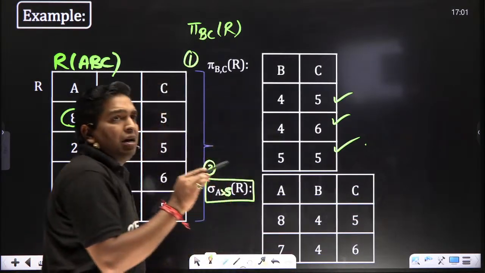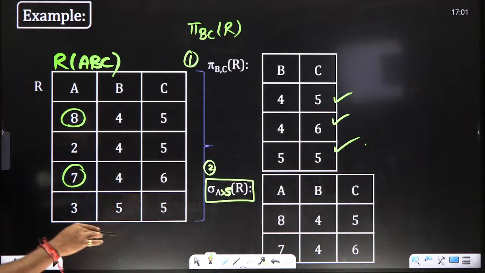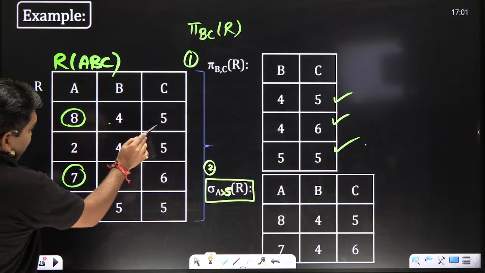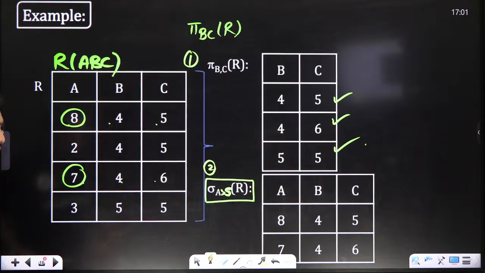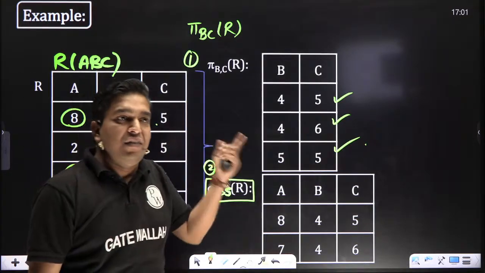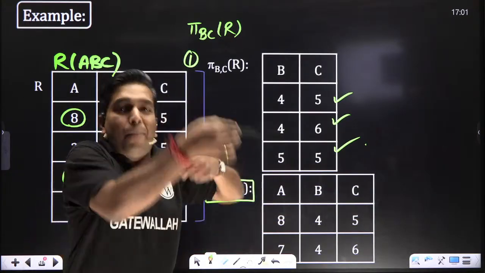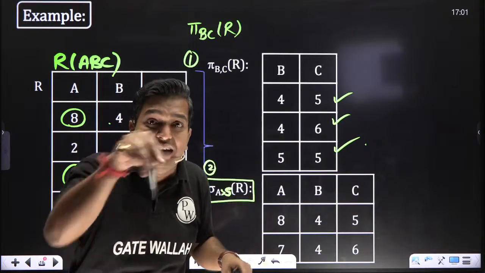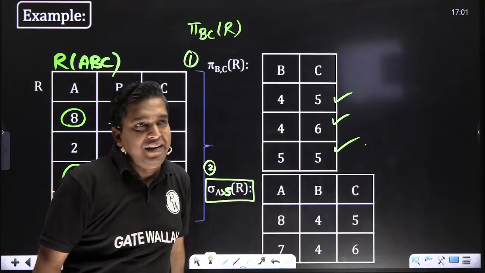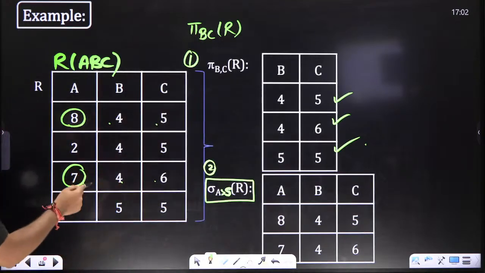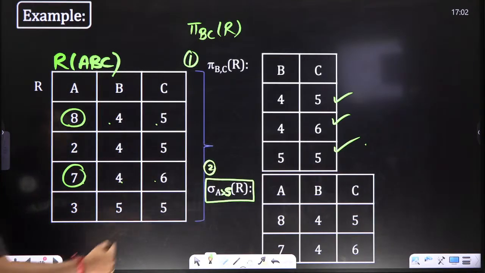So complete tuples with all attributes given in the relation will be displayed, like 8 4 5 and 7 4 6.